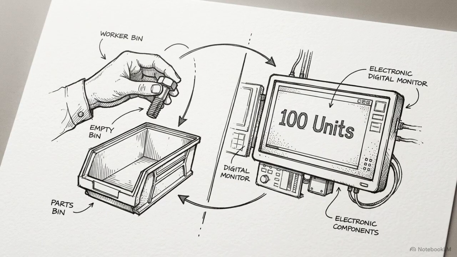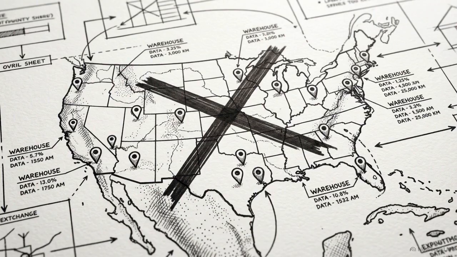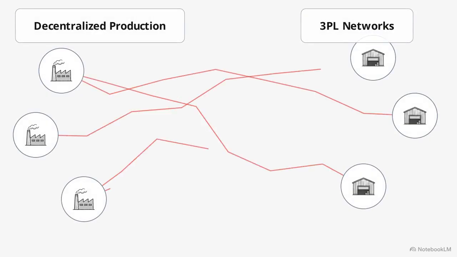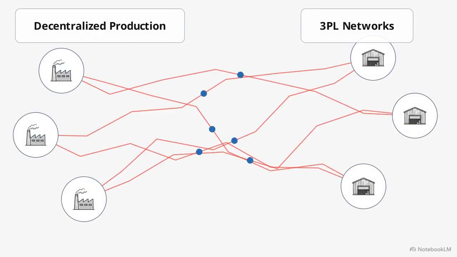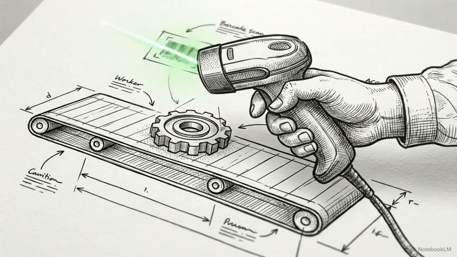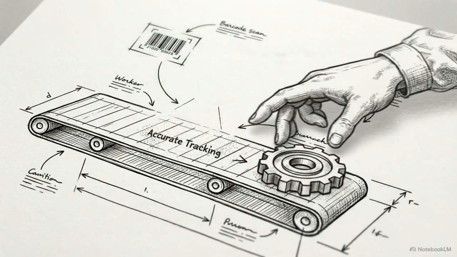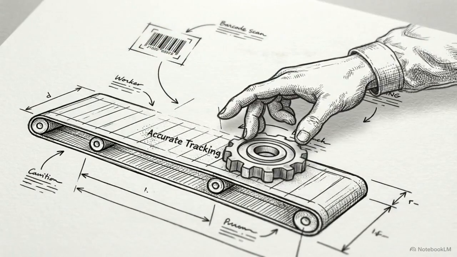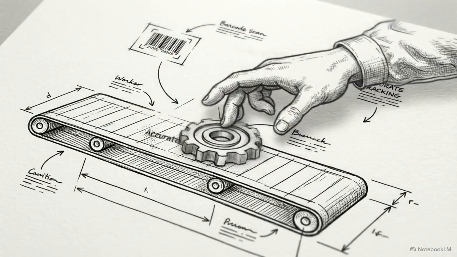If a worker pulls a subcomponent without scanning it into the system, your digital inventory and your financial projections will instantly drift apart. These systems also fail when challenged by complex logistics. They lack the routing logic required to manage stock across decentralized third-party logistics networks. For small shops, the objective is tracking physical production accurately and escaping manual errors, not orchestrating complex external logistics.